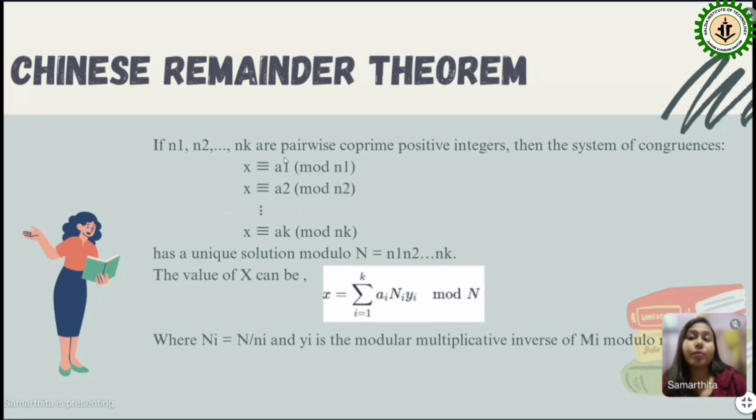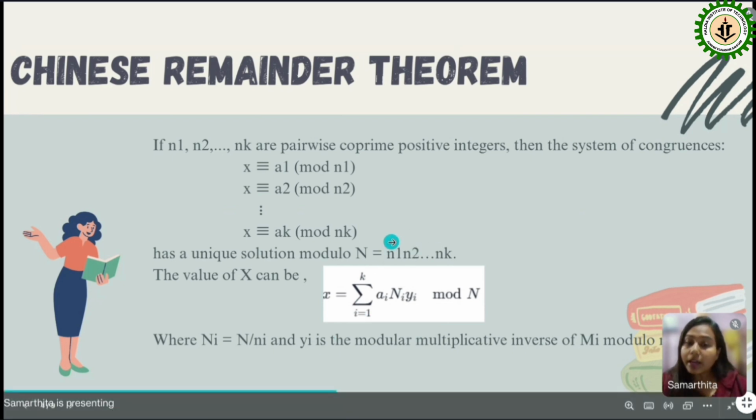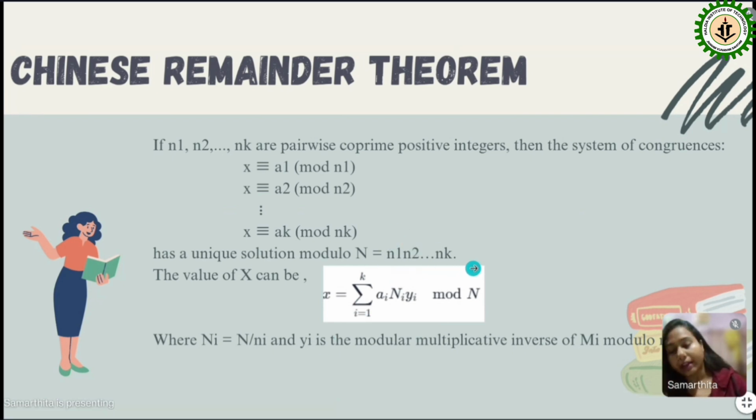Then consider the system of congruences I have just discussed: x congruent to a1 mod n1, continuing up to x congruent to ak mod nk, k number of congruences. The Chinese remainder theorem says that these congruent equations have a unique solution modulo capital N, where capital N is the product of n1, n2 up to nk. Everything I will be discussing, don't panic.